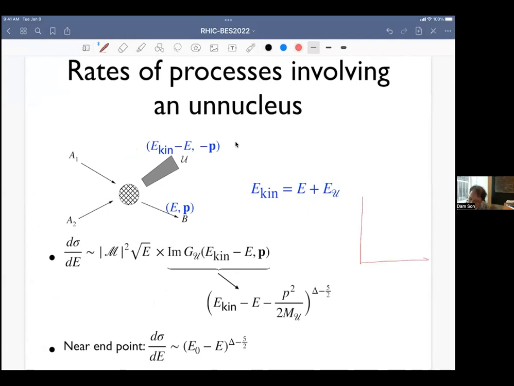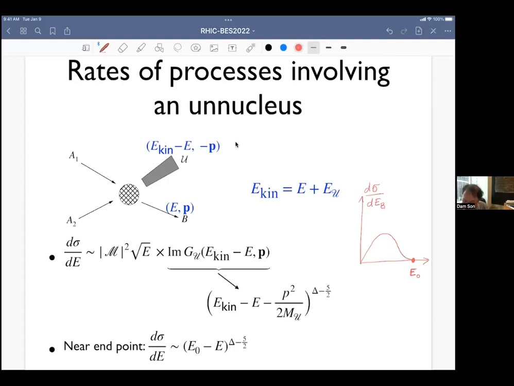If I plot the differential cross section as a function of the energy of the B particle, the final particle, it will have some form, some curve, which goes to 0 because the spectrum of the B particle will have a cutoff, some energy E0, which is determined by the energy of the incoming particles, the Q value of the reaction, etc. But this E0 is some value that one can fix.